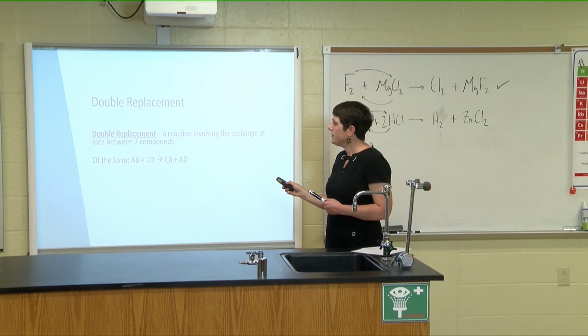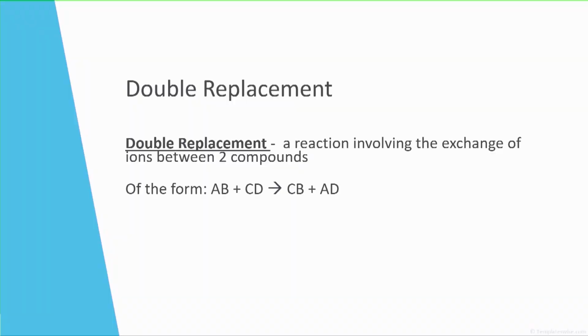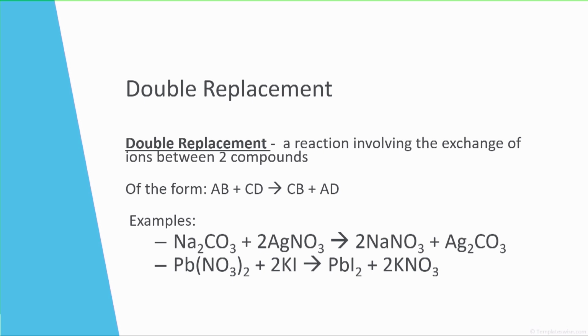Double replacement. So a double replacement has a form, compound plus a compound yields compound plus a compound. All right, so it's going to be exchange of ions between the two compounds. So let's see what that looks like. We have sodium carbonate and silver nitrate, which make sodium nitrate and silver carbonate.